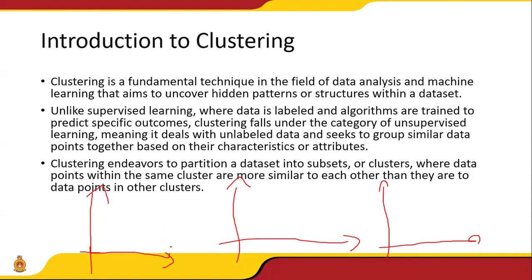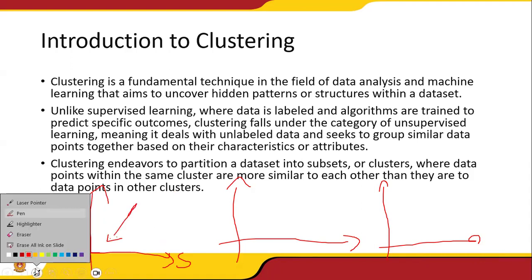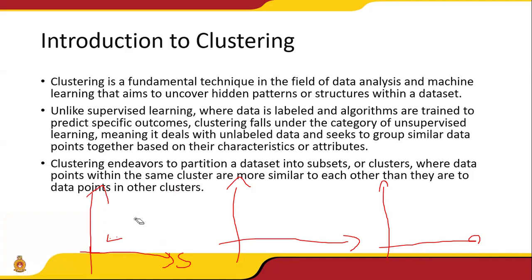I'm going to take the people here, then the skin color, and some dots here, some dots here, and some dots here, something with much higher values, and some dots here. Now you can see specifically, these are the three clusters.